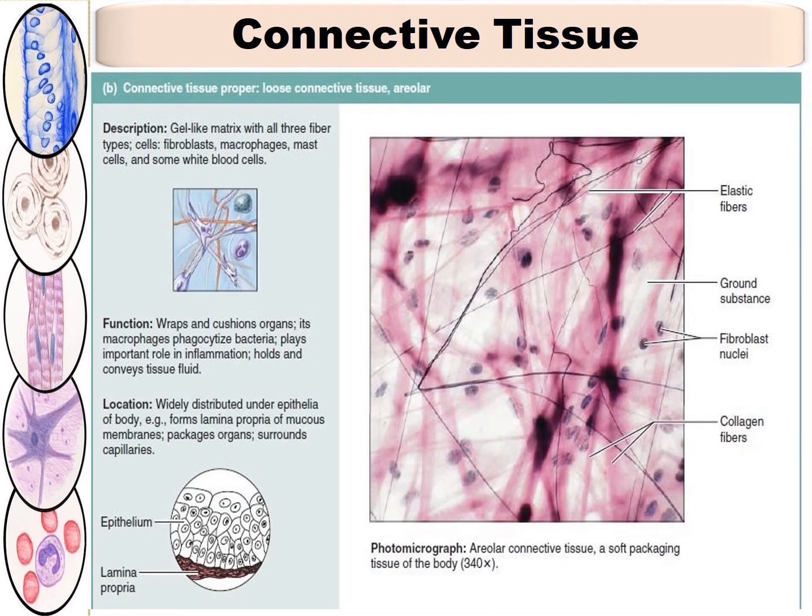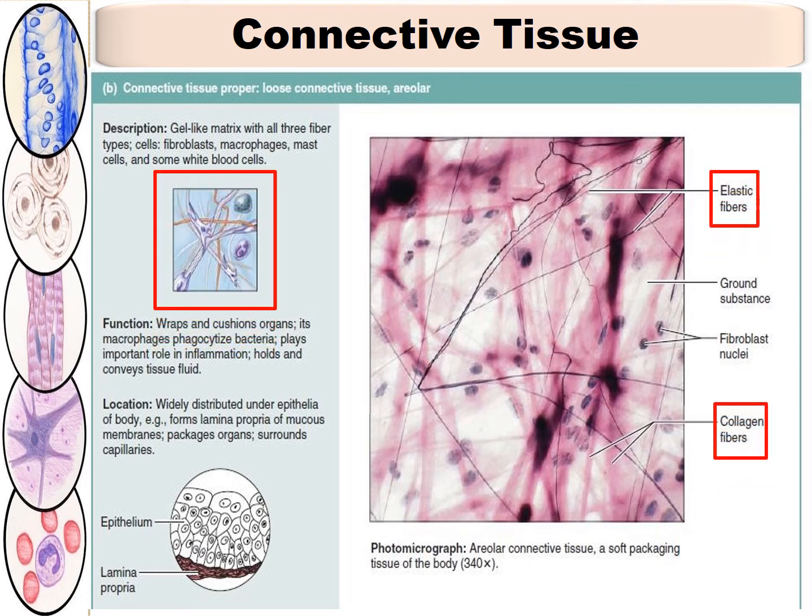Then the second connective tissue proper is the loose connective tissue, that is the areolar tissue. The areolar tissue is composed of gel-like matrix with all three fiber types and the cells: fibroblasts, macrophages, mast cells, and some white blood cells.